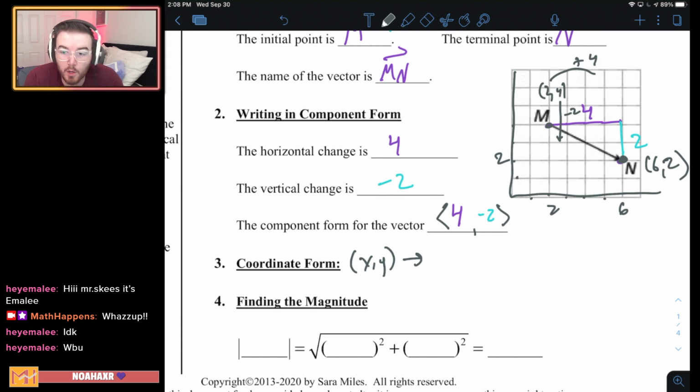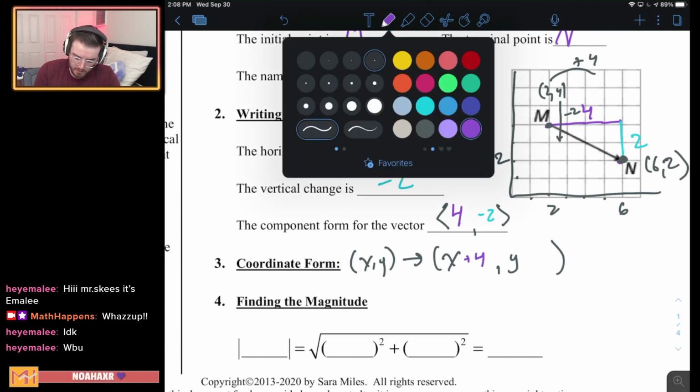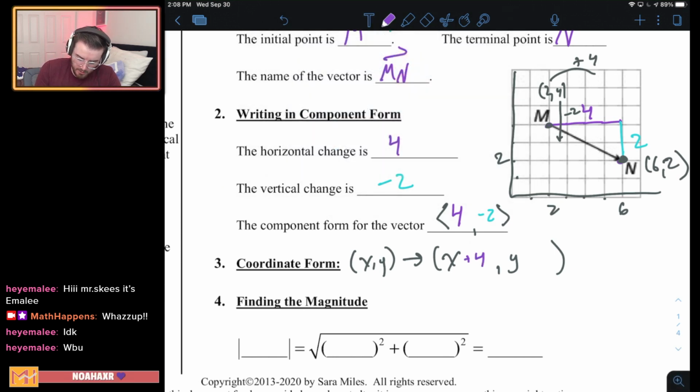So that's what this coordinate form is showing: how can I get from one point to the other? I'm adding 4 to travel to N and subtracting 2 to get to N. So I added 4 and subtracted 2. Okay?